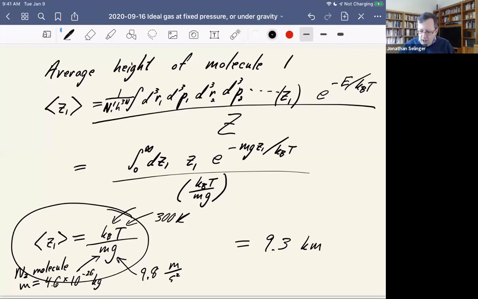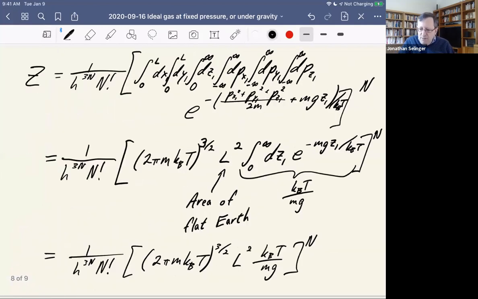And so, yeah, some molecules are lower than that. Some molecules are higher than that. But that's the average height of a molecule in the atmosphere. The point I want to make about this calculation, and then I'll stop for today, is that this is a calculation that has to do with thinking about one molecule at a time, right?